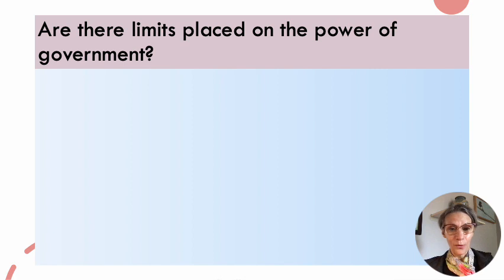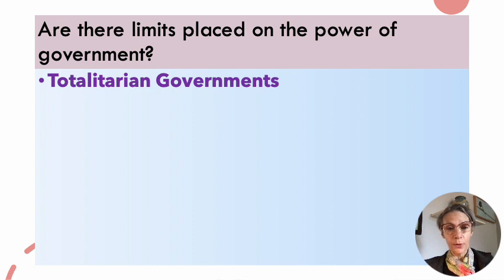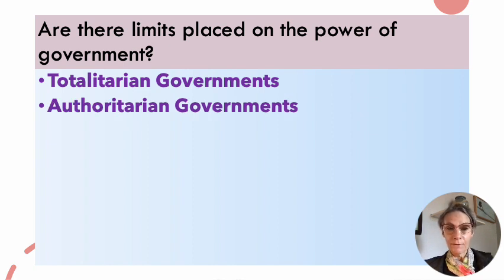Okay, so another way that we can categorize or think about different forms of government is asking the question, how much power does that government have over its people? Another way of thinking about that: are there limits that are placed on the power of government? Your textbook talks about three main categories, going from the governments that have very few limits, if any at all, on their power, to those that have very specific limits.